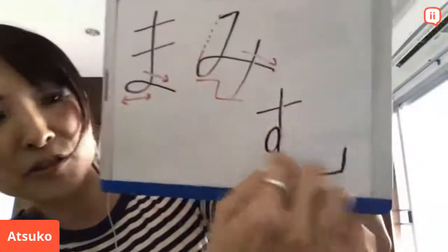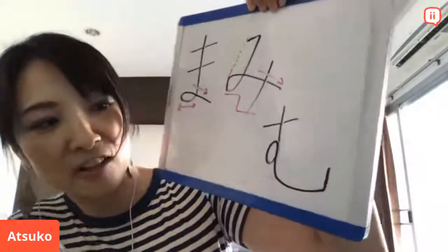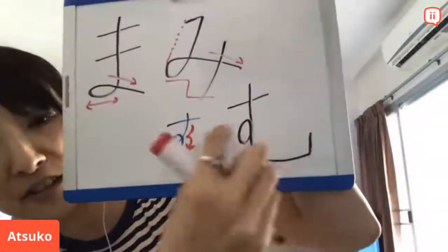And the second stroke, go straight down, root, curve, up. There is a loop, and here it is a little flat, like this. Flat. And this is a bad example. Straight.